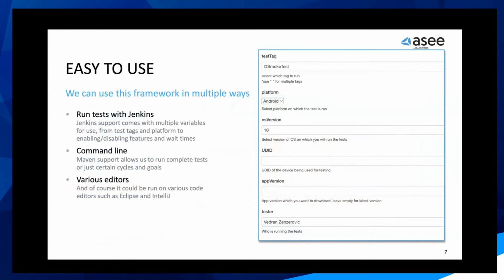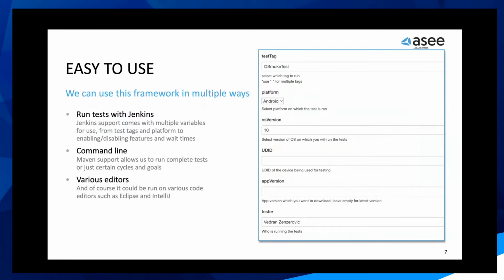So to go back to easy to use, we made these various variables to use in Jenkins or outside Jenkins, like in the command line or various editors, Eclipse and IntelliJ. We wanted to make it as simple to run as possible.